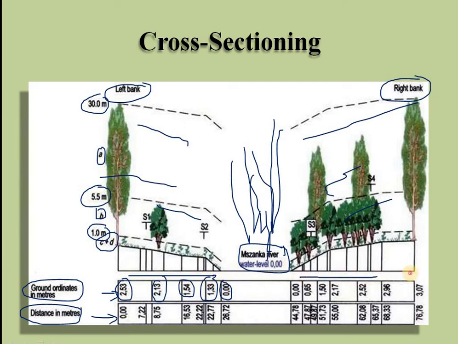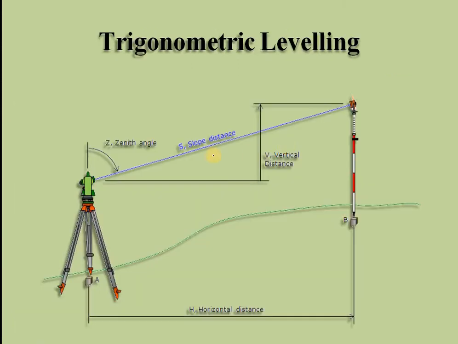Similarly, on this side you can see 2.96, 2.52, 2.17, 1.50, 0.65, 0.00. It is also coming from the right side to the center point. This 0.0 is nothing but NGL, the natural ground level, the bottom point of the natural ground level of the river. This is the portion we have to find out in the cross section.